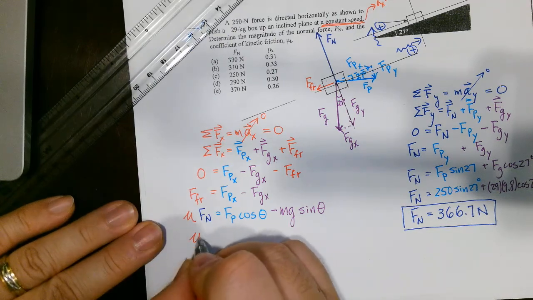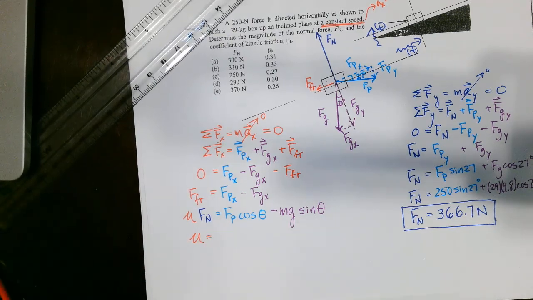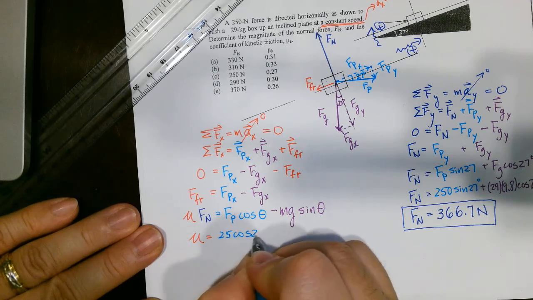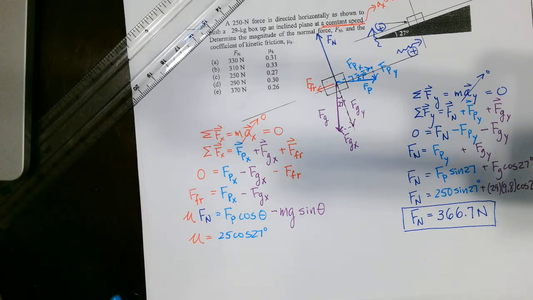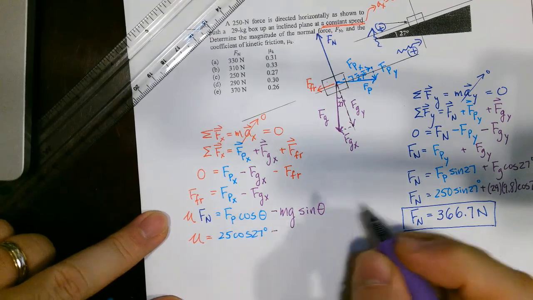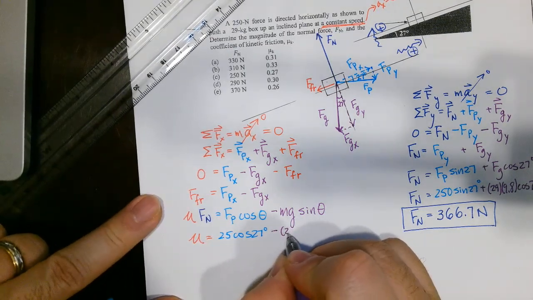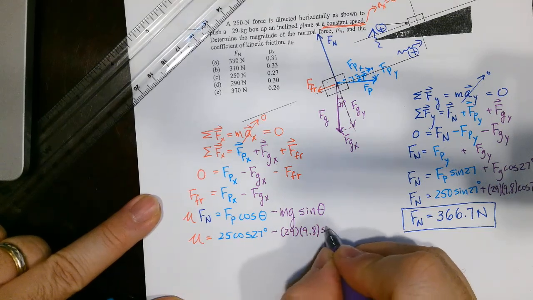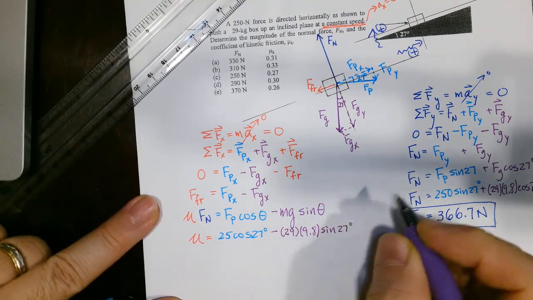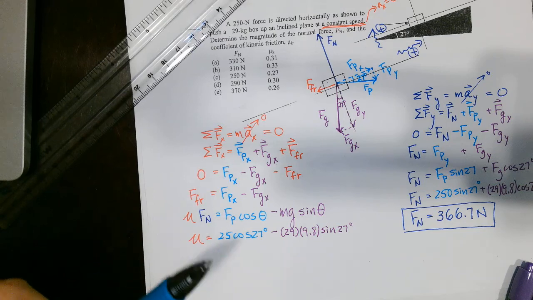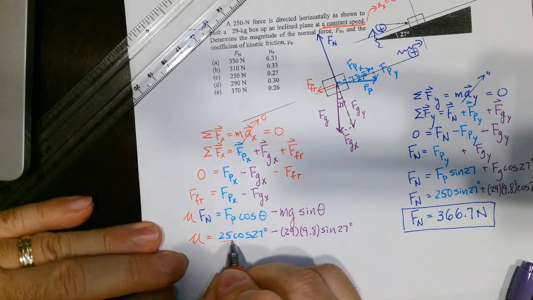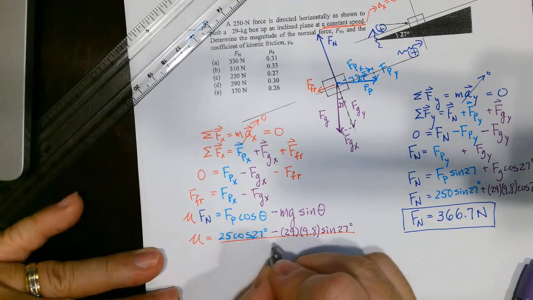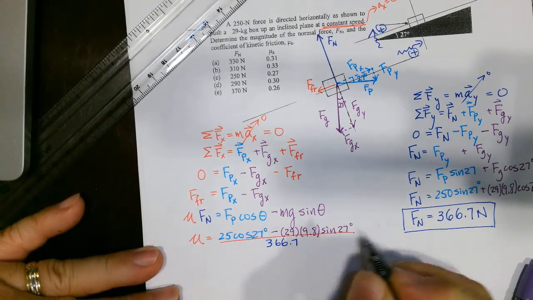So my mu is equal to 250 cosine of 27 degrees minus 29 times 9.8 times sine of 27 degrees, the whole thing divided by F normal of 366.7.